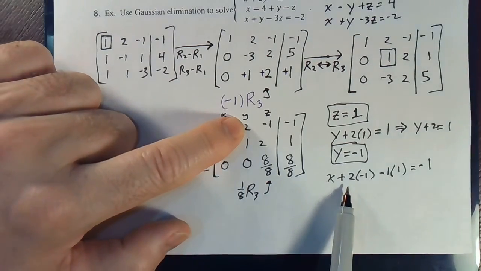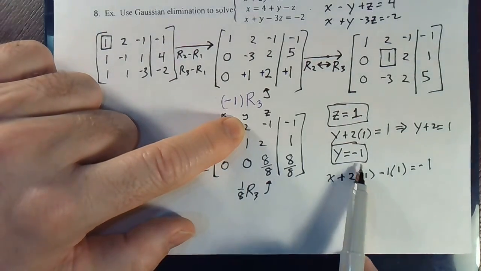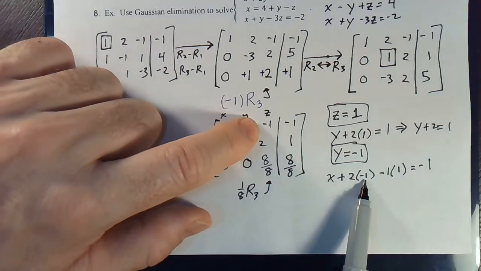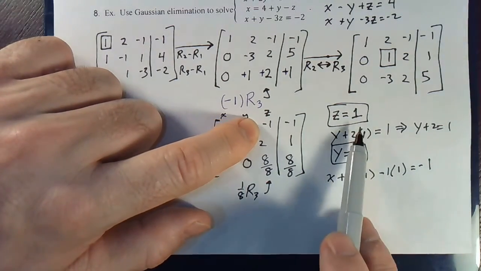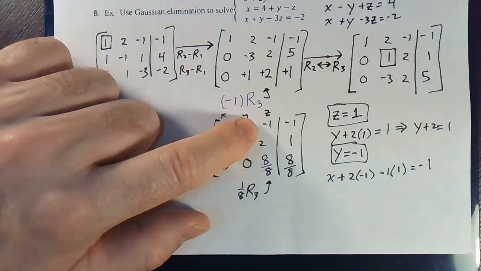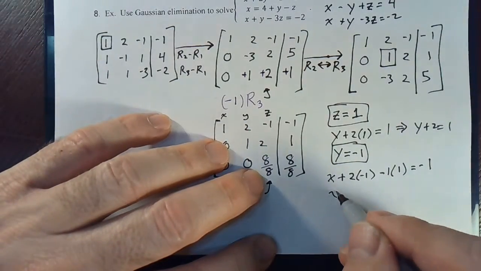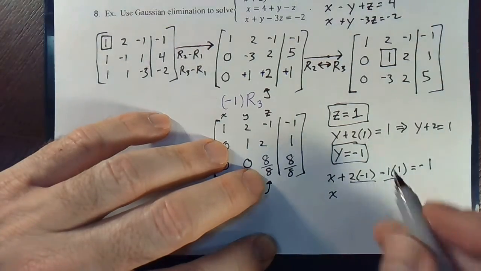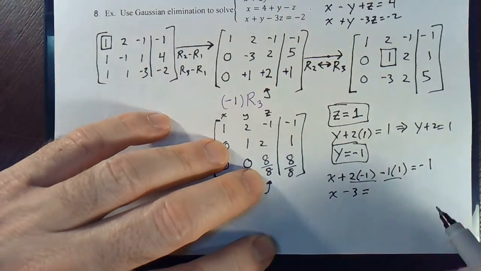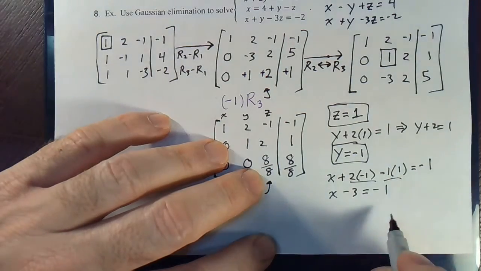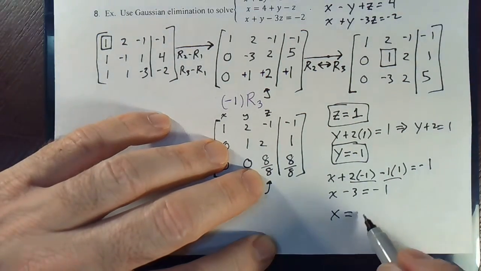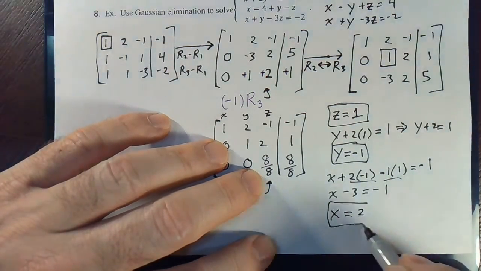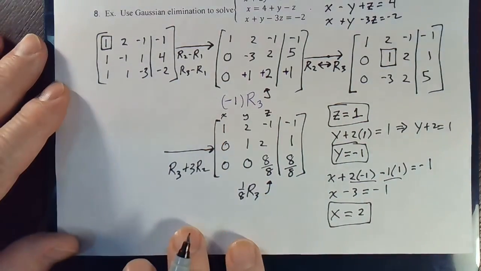So that would be like x, that's a minus 2 and that's a minus 1. Negative 2 and a minus 1 is negative 3 equals negative 1. Add 3 to both sides and we get x equals 2.